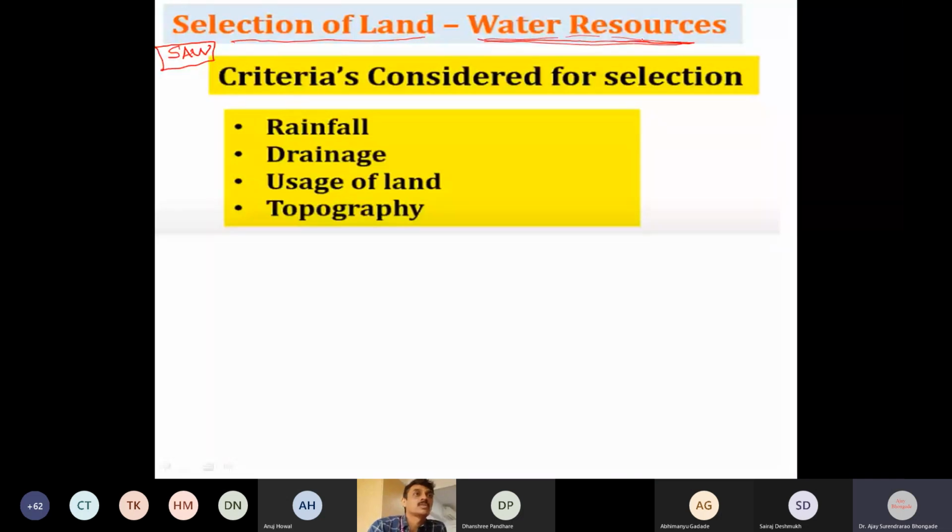Now we want to see on what basis you are going to select the land. These are the criteria. We have to see how much rainfall there is in that particular region, how the drainage systems are available there so that we can make that water flow, or we can say the number of rivers connected there.